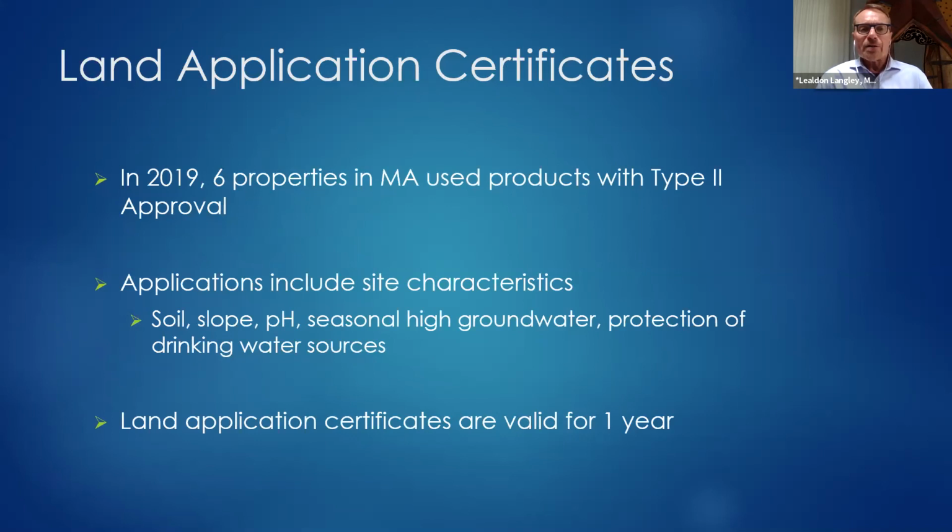Okay, land application certificates. These are for type 2 approvals, as we've mentioned. There were 6 properties in Massachusetts in 2019 that used type 2 approvals. The applications that they make to DEP provide us with certain information, and we review that information and the appropriateness of applying a type 2 residual to a particular site or particular piece of land based on some characteristics such as soil, the slope, pH, seasonal high groundwater, and whether there are drinking water sources that are nearby.